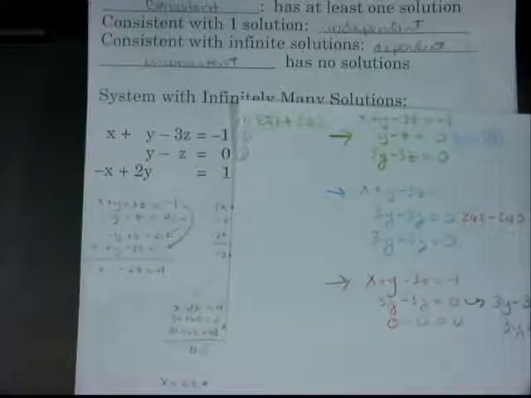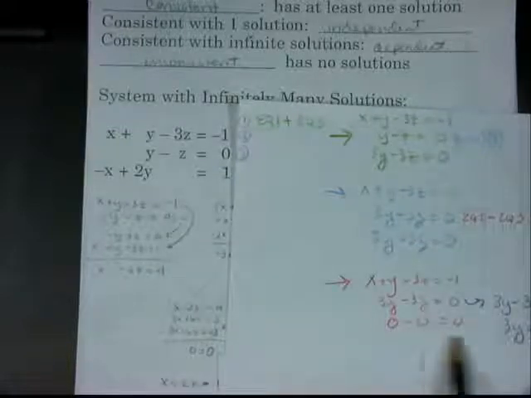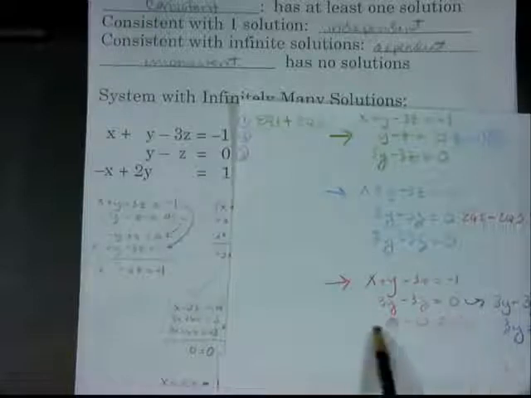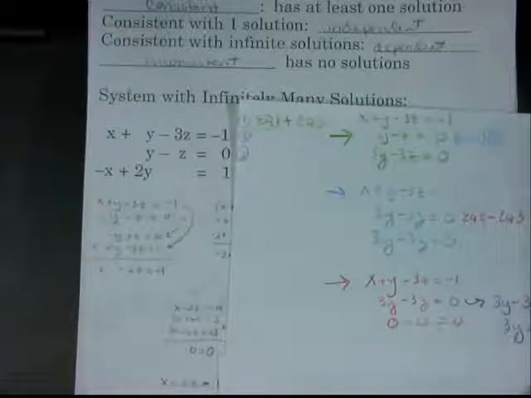When I do that, my third equation completely disappears. That is how I get clued in that it's going to be special or unique. It might be no solution, infinite solutions, whatever, but I need to go through the process.